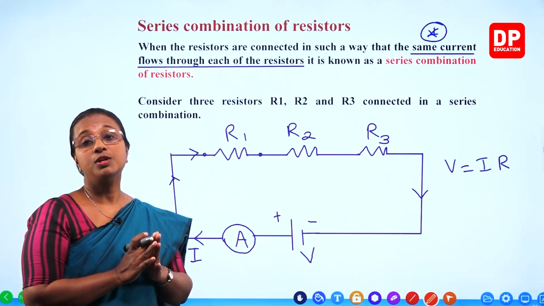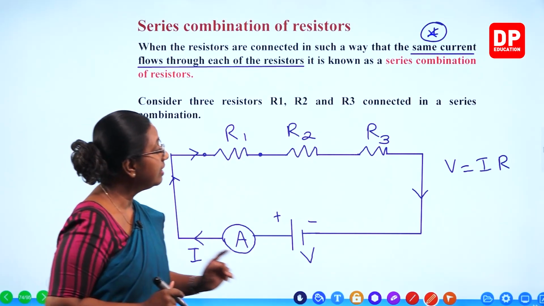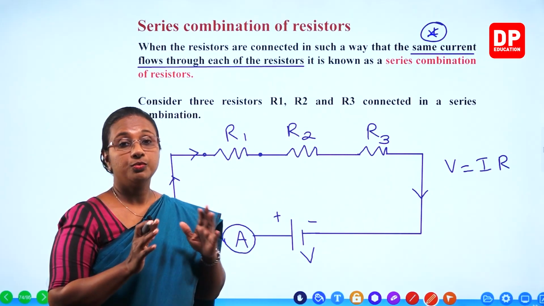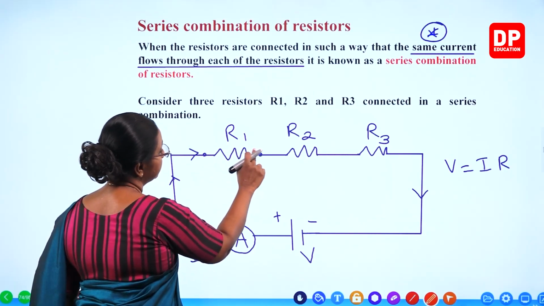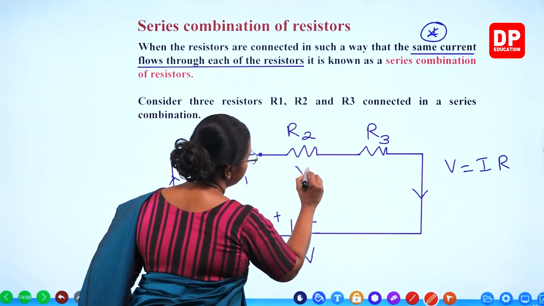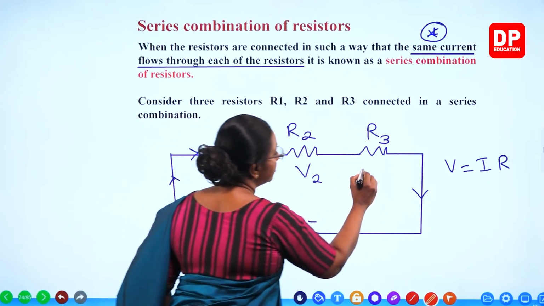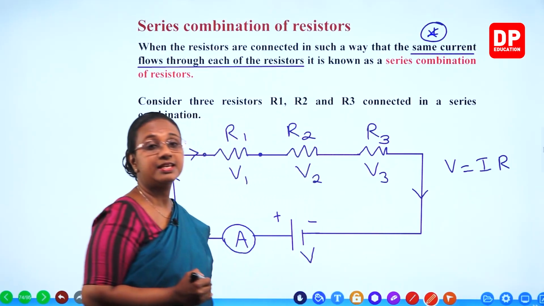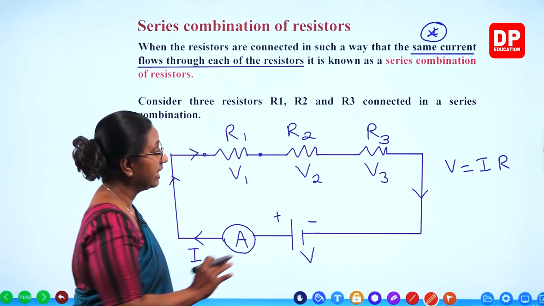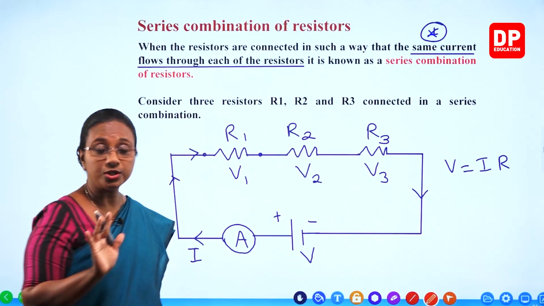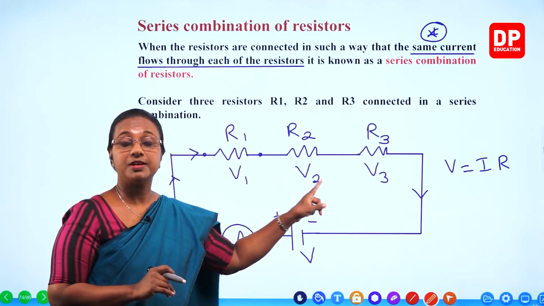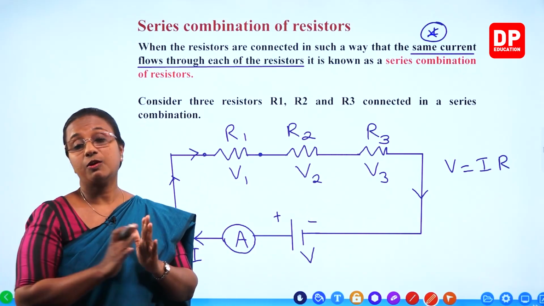And the sum of all those potential differences will be equal to this V. So we can consider the potential difference across R1 as V1, potential difference across R2 as V2, then potential difference across R3 as V3. I'm sure you all can understand that. V equals IR, I is not going to change, R is different, therefore the potential difference is also divided across the resistors.